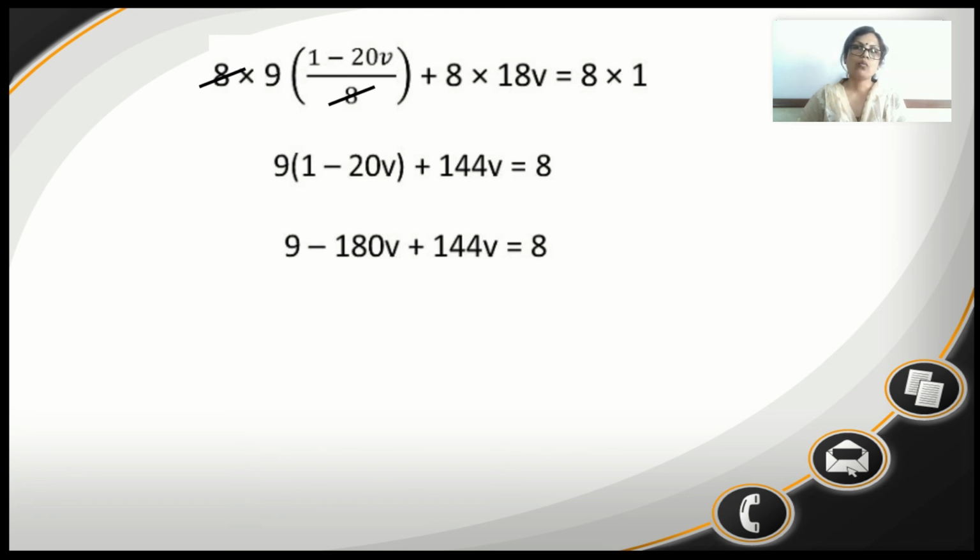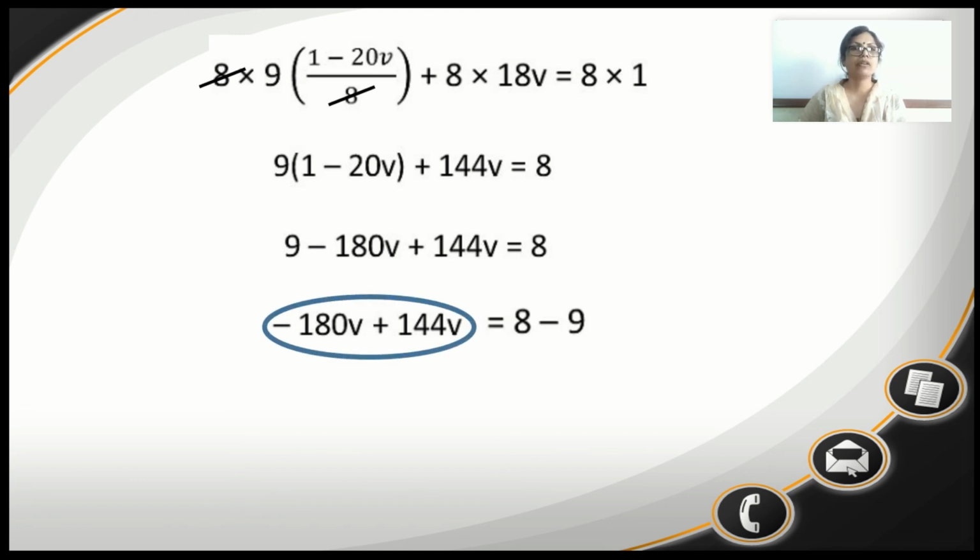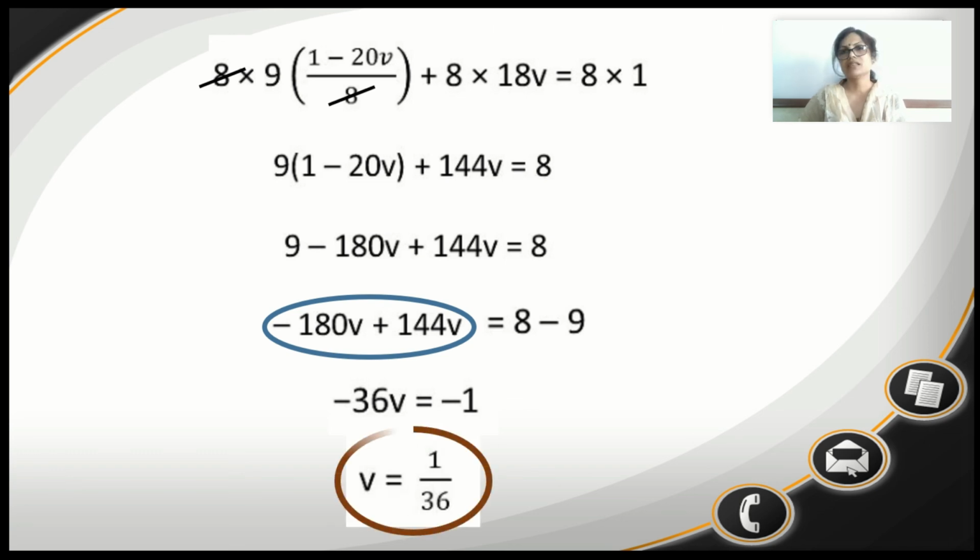So minus 180v plus 144v is equal to 8 minus 9, and this minus 180 plus 144 will give us minus 36v is equal to minus 1. Cancel minus sign from both the sides. We get the value of v as 1 upon 36.